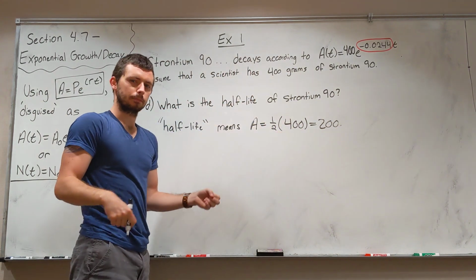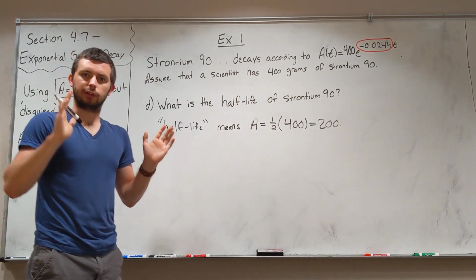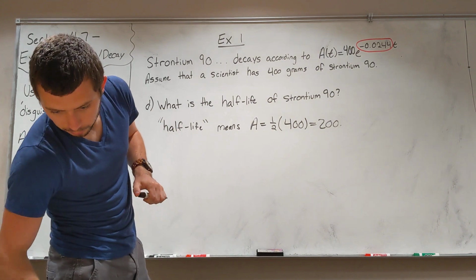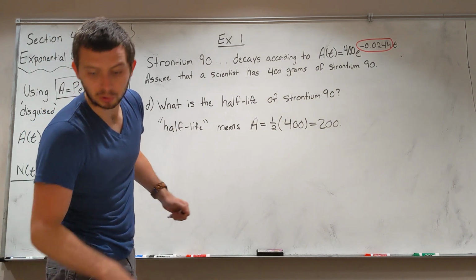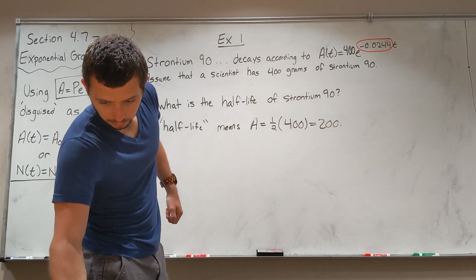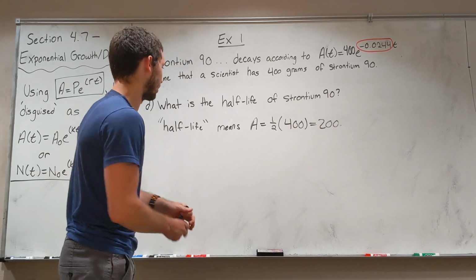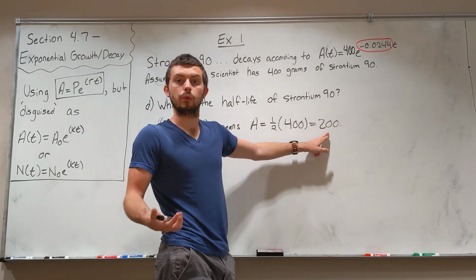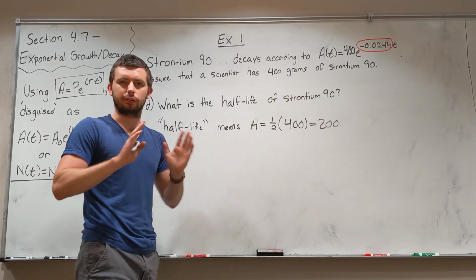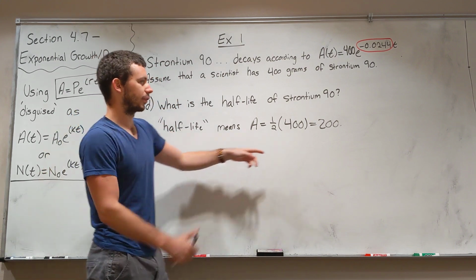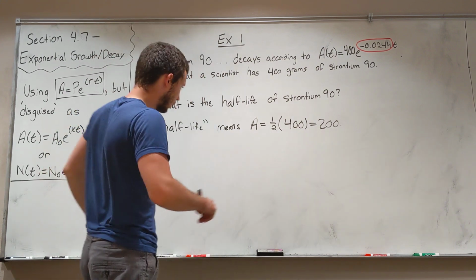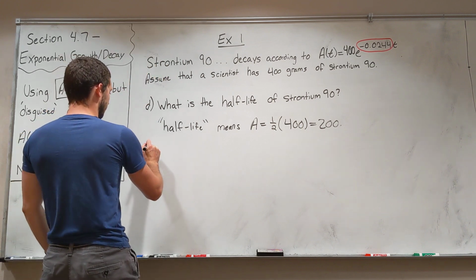That's simply 200. So now it wants us to do the exact same problem as before in part C, but instead of when will 300 grams remain, it's simply when will 200 grams remain. So it's the exact same problem, except instead of 300, it's 200. And I will go ahead and work it out the same.